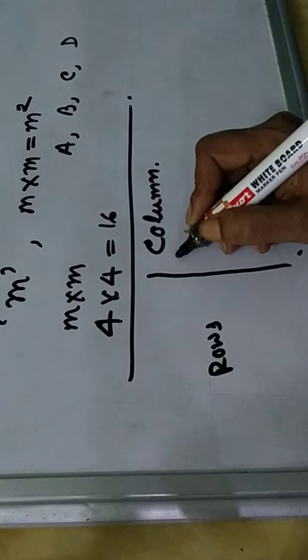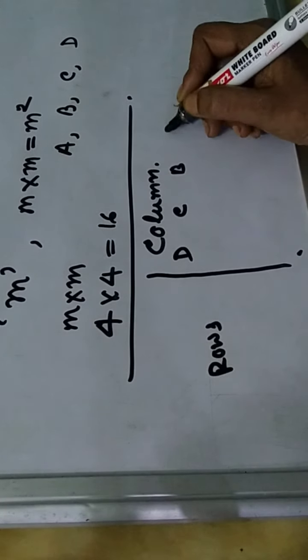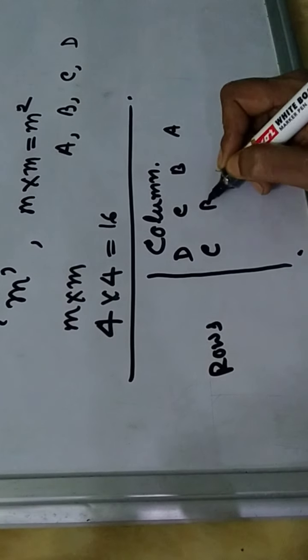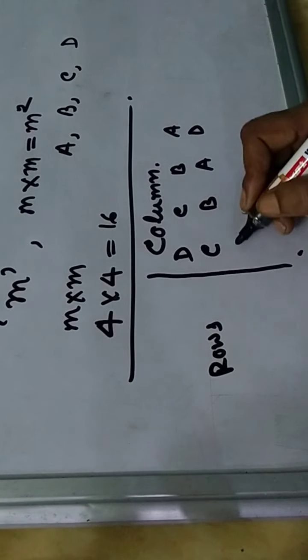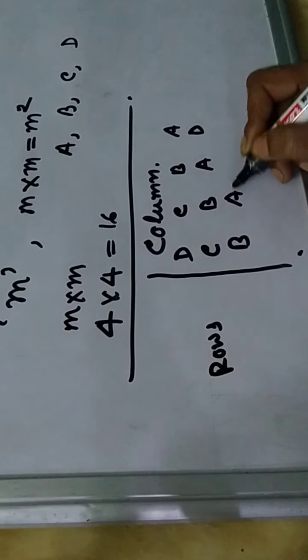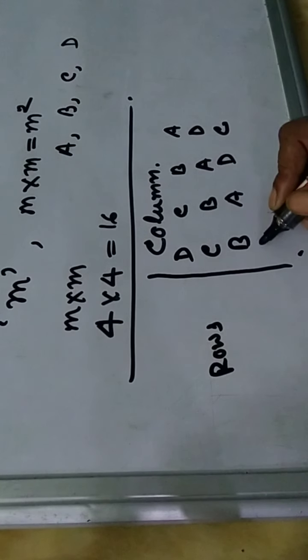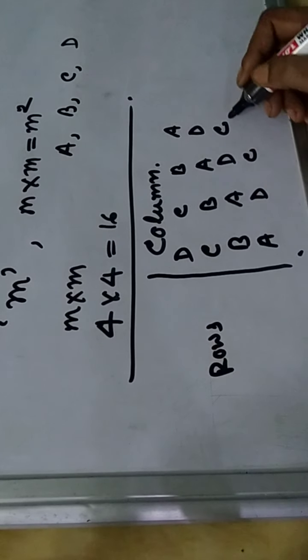This is D, C, B, A; C, B, A, D; B, A, D, C; then A, D, C, B.